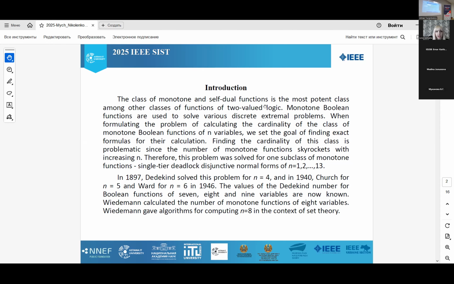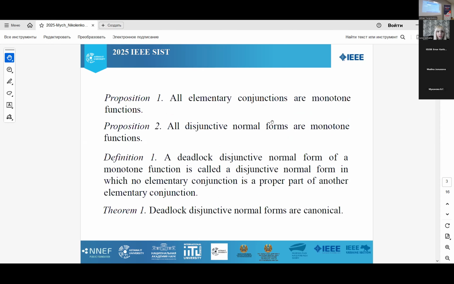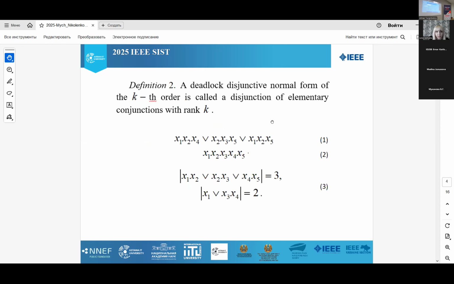In the context of that theory, all elementary conjunctions and all disjunctive normal forms are monotone functions. A deadlocked disjunctive normal form of a monotone function is a disjunctive normal form in which no elementary conjunction is a proper part of another elementary conjunction. Deadlocked disjunctive normal forms are canonical.